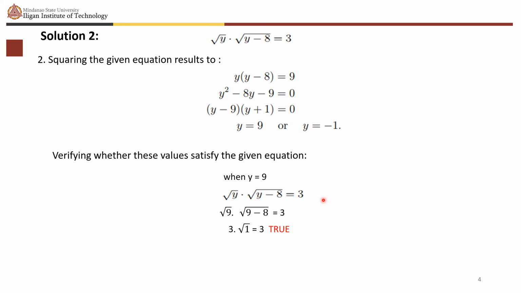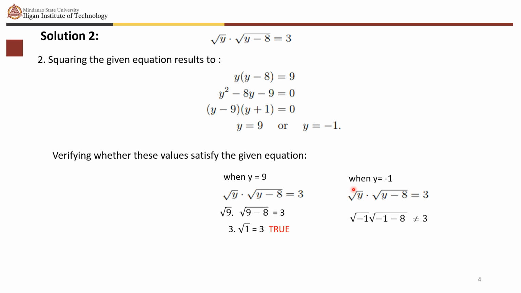How about when y is equal to negative 1? Let's see, when y is equal to negative 1, we replace the value of y with negative 1 here, but that is not equal to 3.